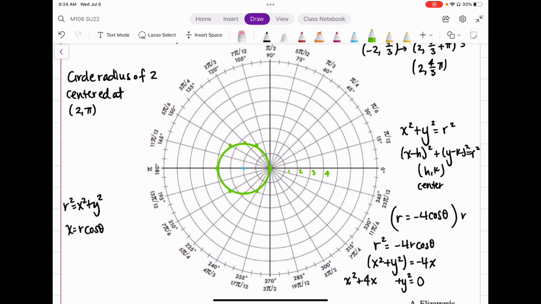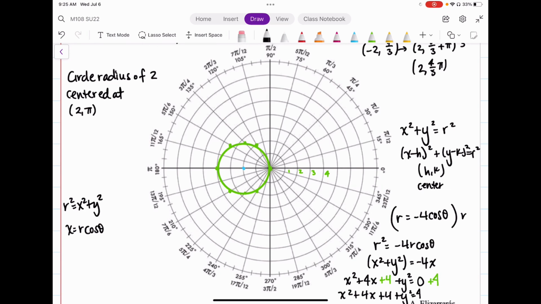When you complete the square, you take half of b and you square it. So you take half of that 4, which is 2, and then you square it, which is 4. So I need to add 4 to both sides. So then I have x squared plus 4x plus 4 plus y squared equals 4.